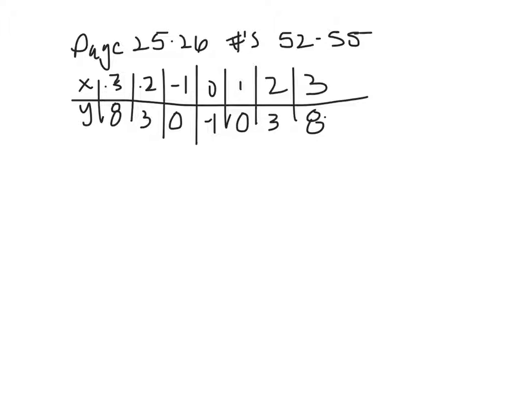Okay, you can see I put a star over the output and input for 0. And the reason for that is most functions are something like y equals 2x plus something, or y equals x squared plus x plus something.